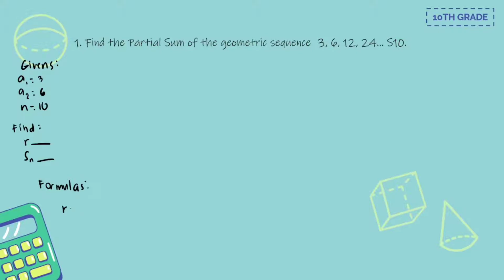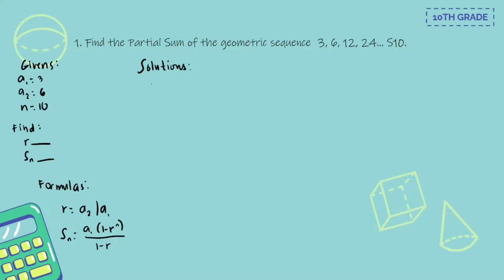So for r, the common ratio is a sub 2 over a sub 1. And then for the S sub n, we have a sub 1 times 1 minus r^n over 1 minus r. So now let's start solving. Solution.